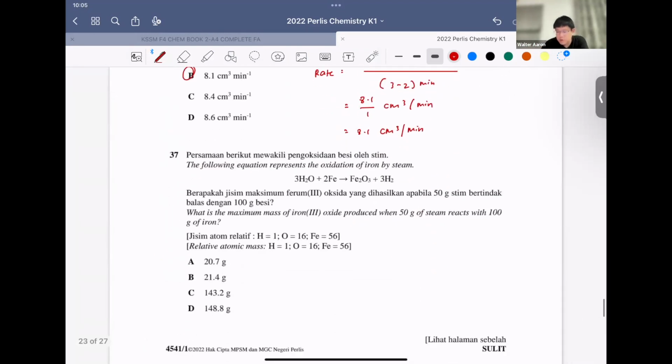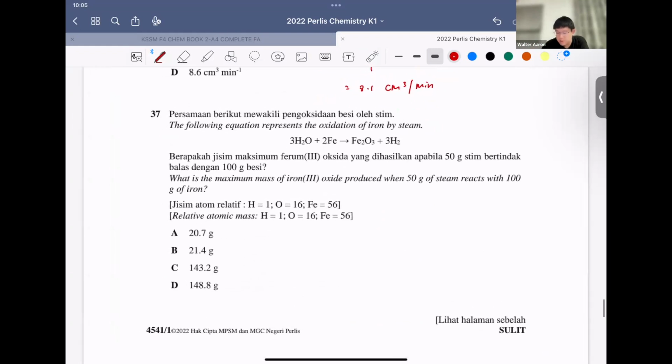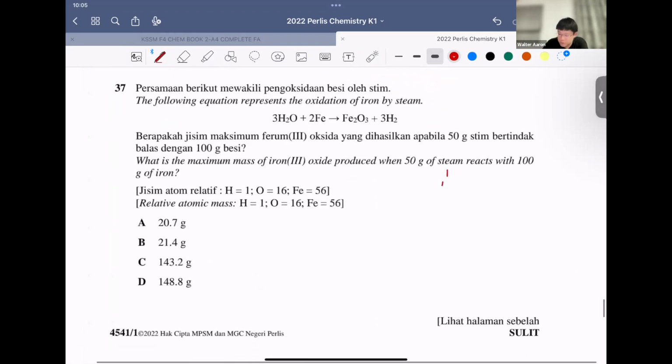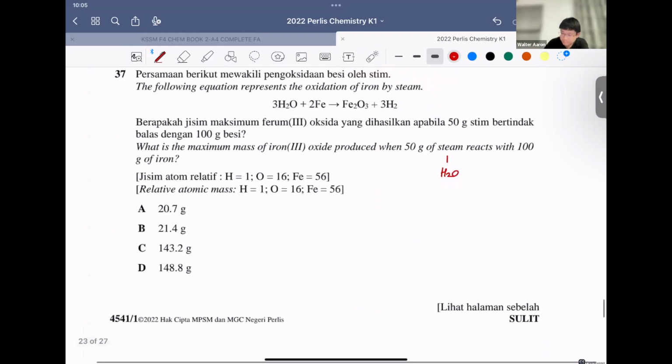37, the following equation represents the oxidation of iron by steam. What is the maximum mass of iron(III) oxide produced when 50 grams of steam reacts with 100 grams of iron? Okay, let's just see how much we have in terms of number of moles. Steam is referring to water. Okay. So right now, water H2O has the Mr of 18, and the iron Ar will be 56. Okay.